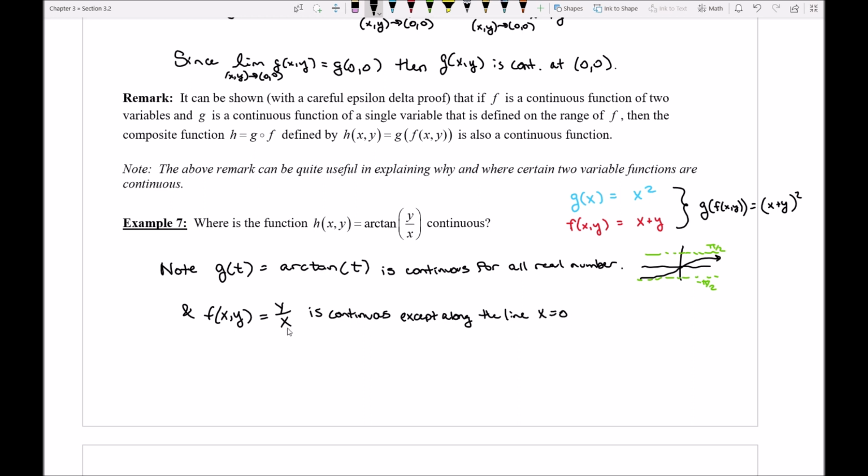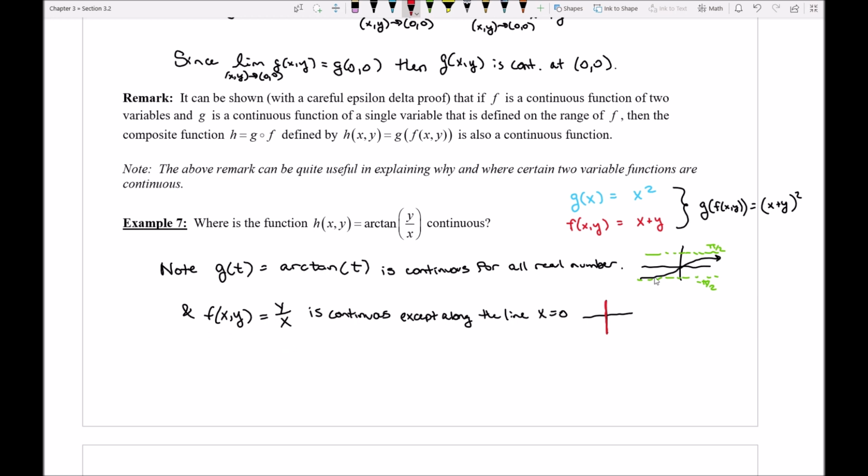So remember, any point where x is 0 is going to be a problem. So here, if I'm looking at the domain of this function, I get a bunch of bad points along the line where x is always equal to 0. Every point on there is bad and would not allow an output to be created.